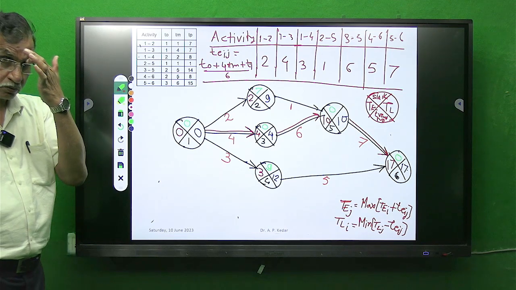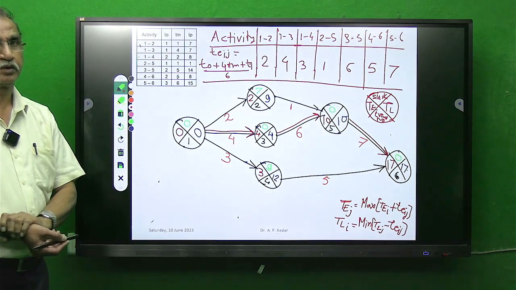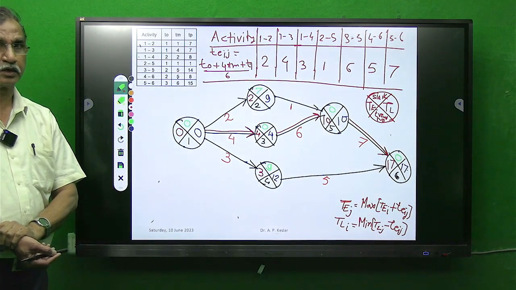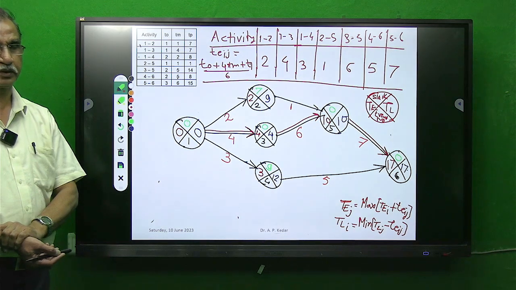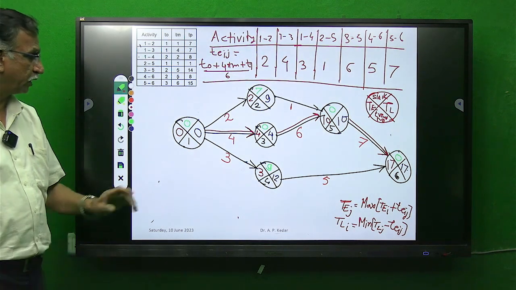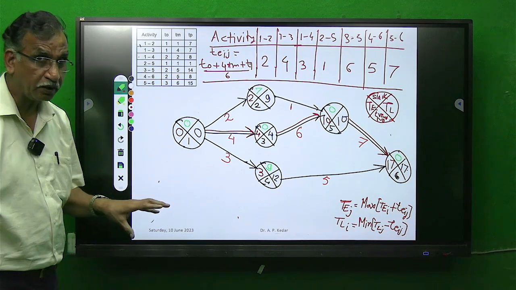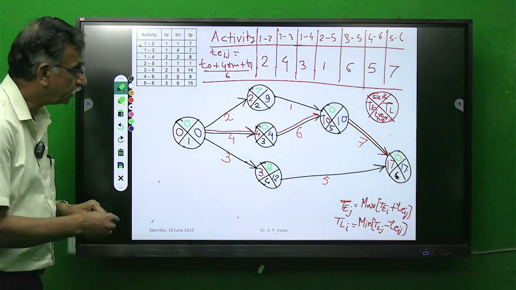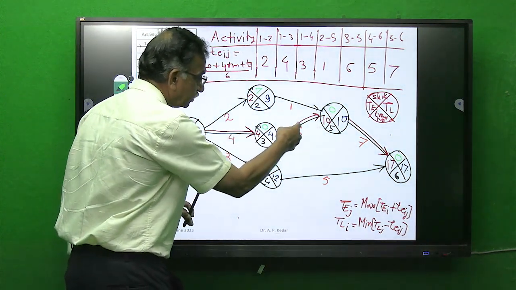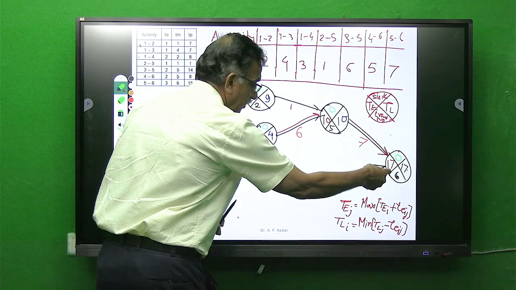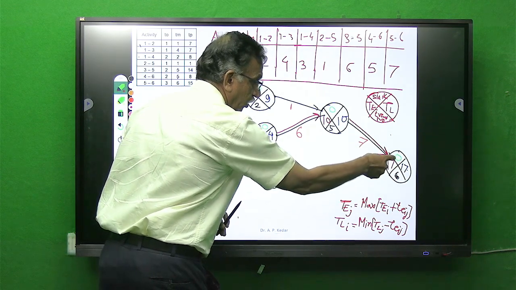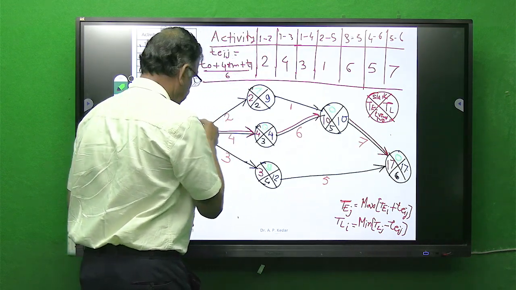We have identified one path as a critical path, and that path is 1. Why it is critical path? It is the path of longest duration of 17 weeks on which value of slack is 0.